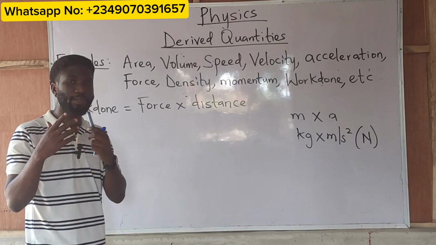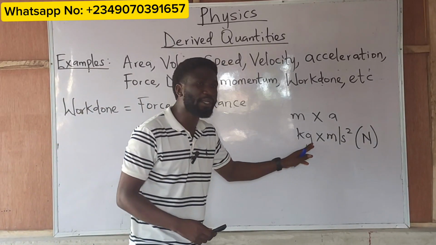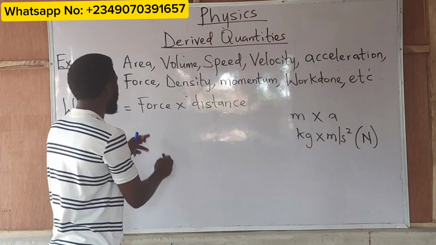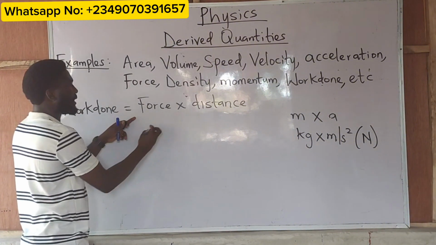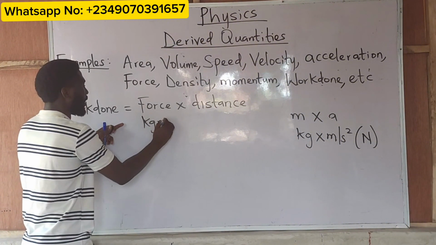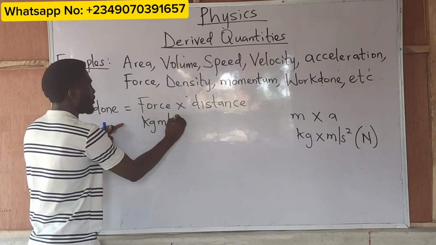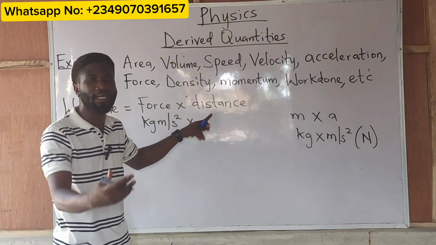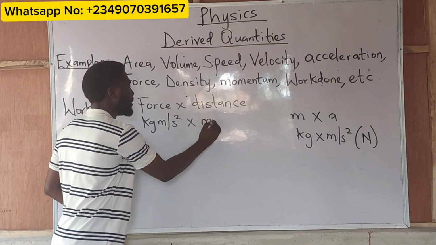So the unit of force could be kilogram meter per second square or Newton. So in this case, force is kilogram meter per second square multiplied by the unit of distance, that is meter.